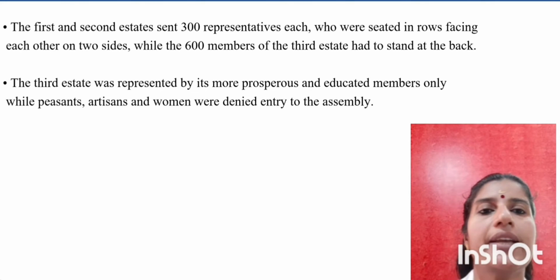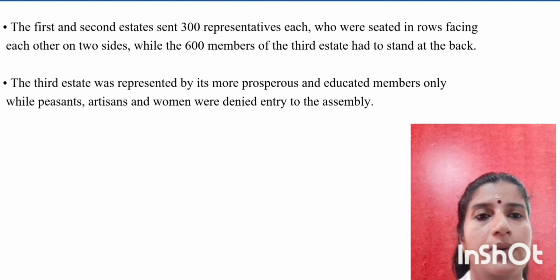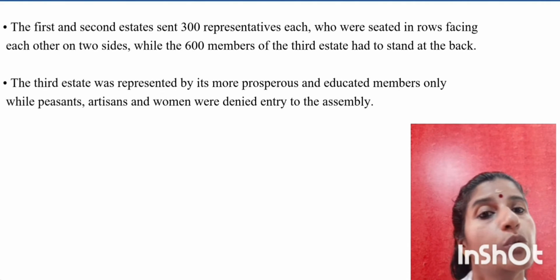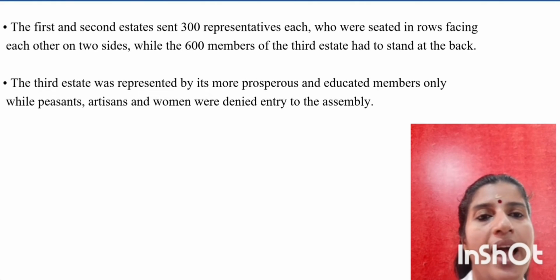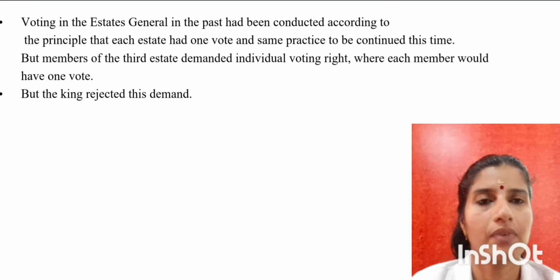The first and the second estate representatives were seated in rows facing each other on two sides, while the members of the third estate had to stand at the back. The third estate was represented by its more prosperous and educated members.